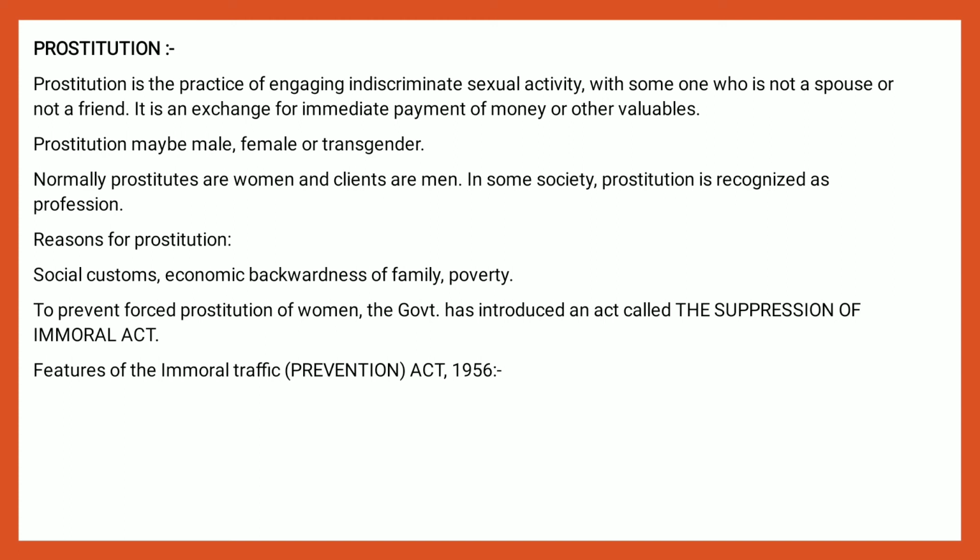It says selling of a minor for prostitution. Whoever sells, lets to hire or disposes of any person under the age of 18 years, such person shall be punished with imprisonment for a term which may extend to 10 years and shall be liable to fine.